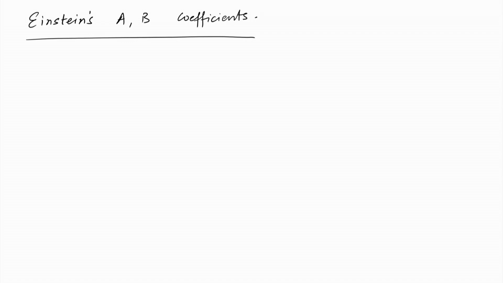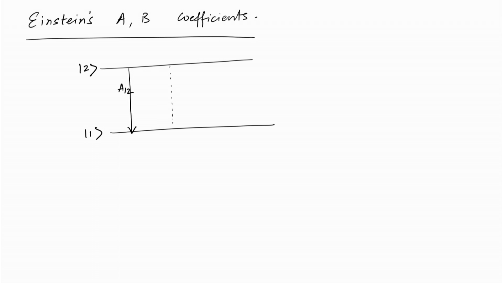Okay. So, let us again define a two level system. This is called level 1 and this is called level 2, and this is called A12, and I will write this with a dotted line, which is called B12, and also with another dotted line, which is called B21.